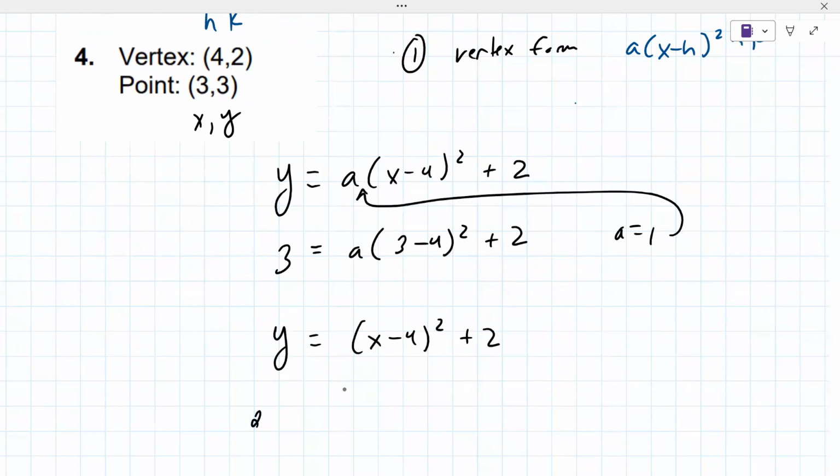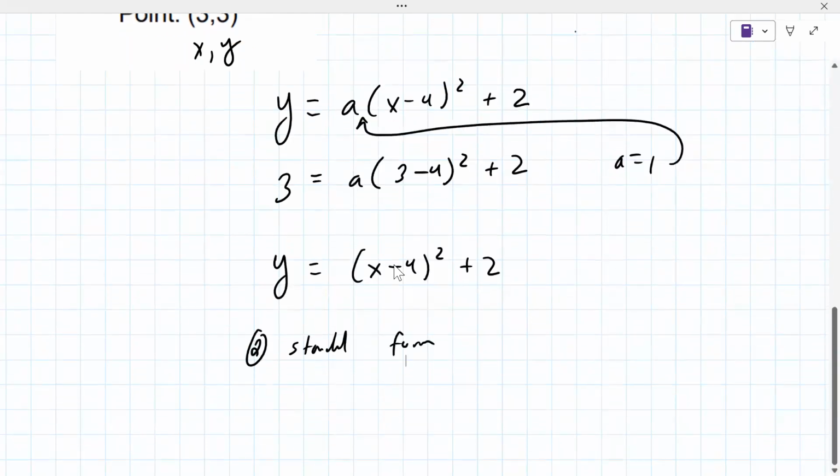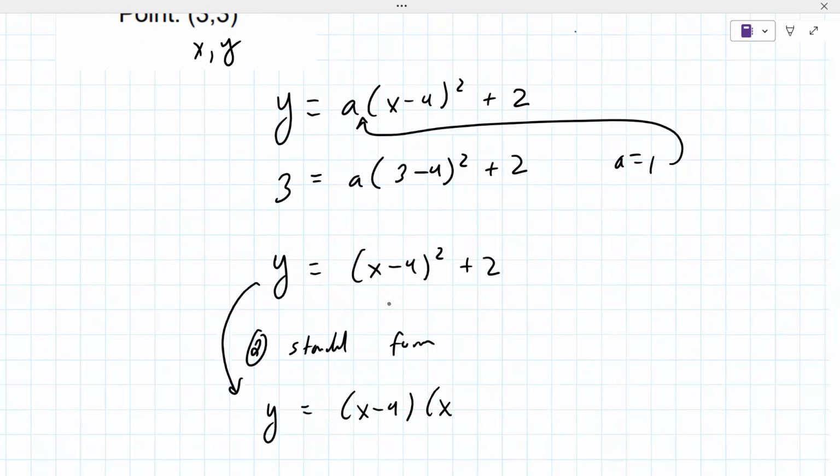Sometimes they want you to go to standard form. That could be like part B of the problem. And to do that, you have to expand this binomial. And you have to be careful here that you do it the correct way. You have to write it out as x minus 4 times x minus 4.